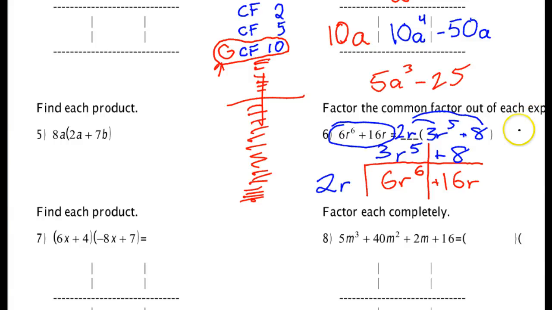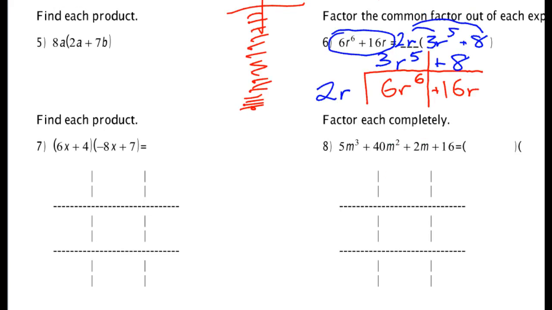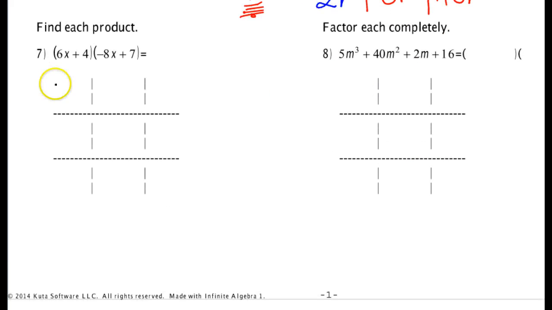All right. Let's go down to 7 if you have more. Multiply that out. It says find the product, so that means multiply. I'm always going to put the first binomial vertically. The second one's always going to be on top. Not that it has to be that way. If you switch them, you'll get the same answer.